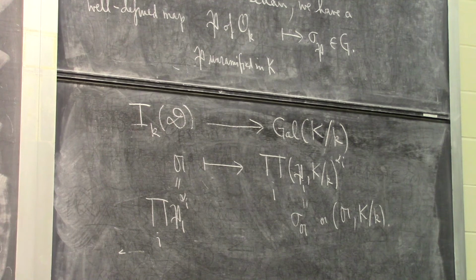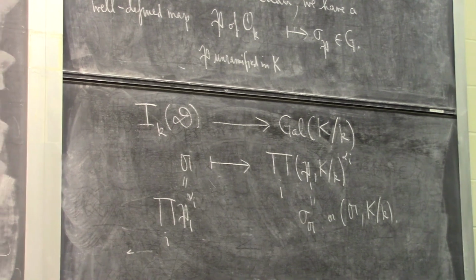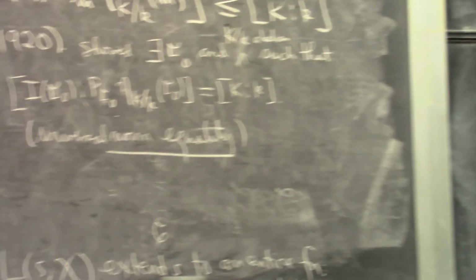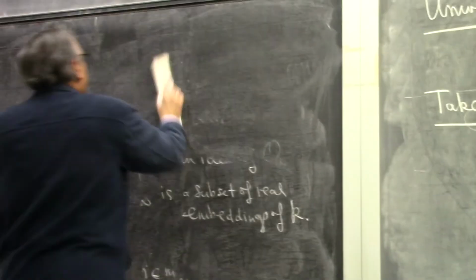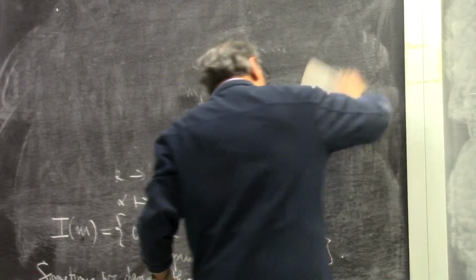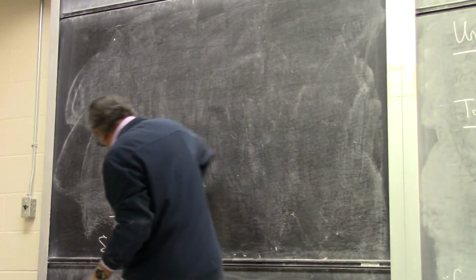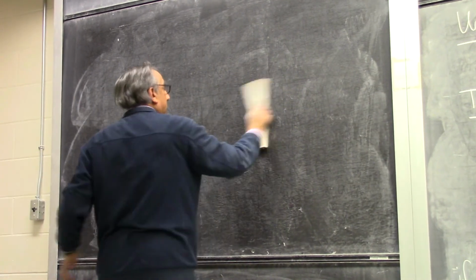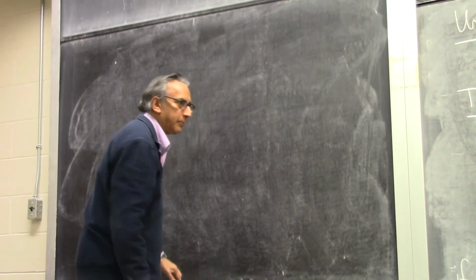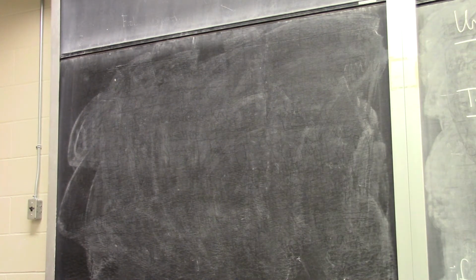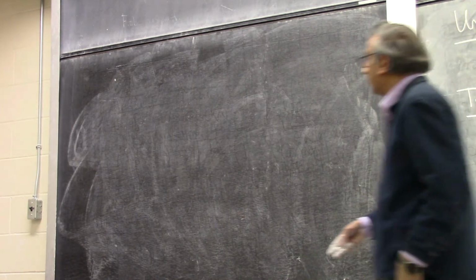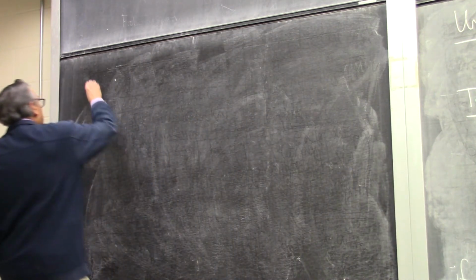Now, the proof of the reciprocity law can take quite a bit of time. So what I'm going to do is just give you the outline, the main steps. You can spend a lifetime studying this, but you can spend a week or two, perhaps, studying the details in Lang's book. So we have this map, and the first statement that we'd like to make is that this map is surjective.